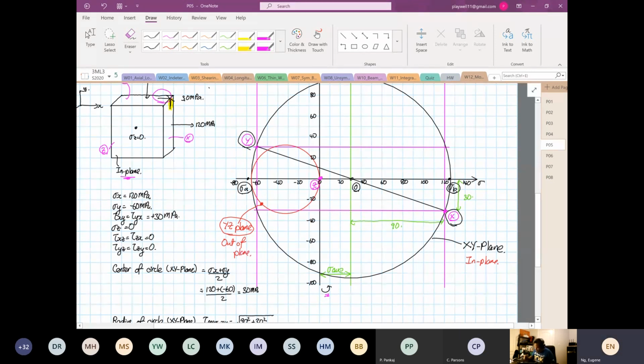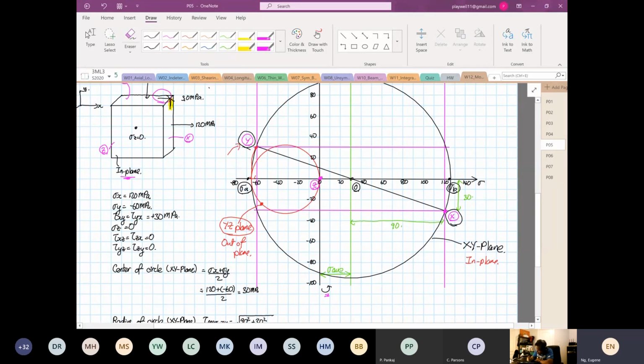Why is it out of plane? Because point Y will form an acute angle to this point, and then this is your point Z. So you look at the acute angle.